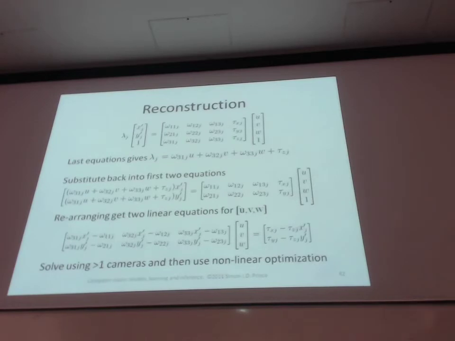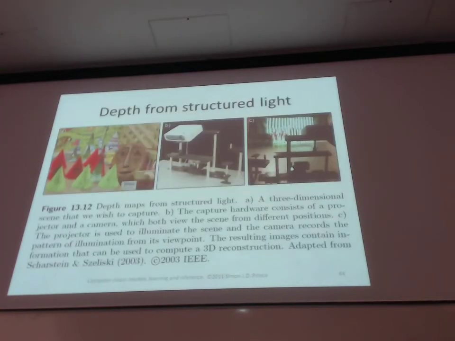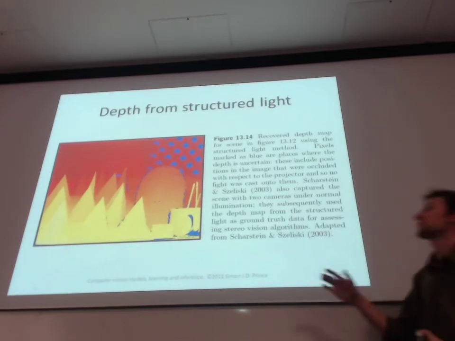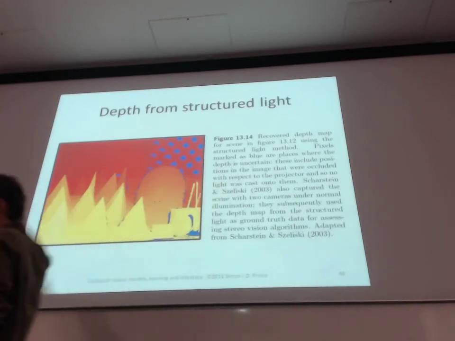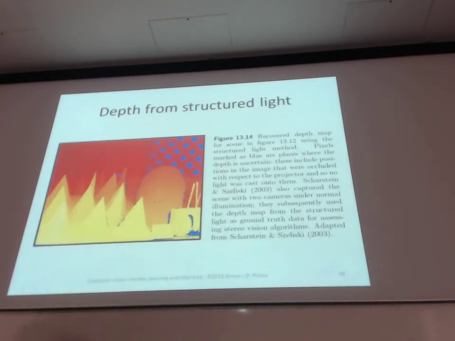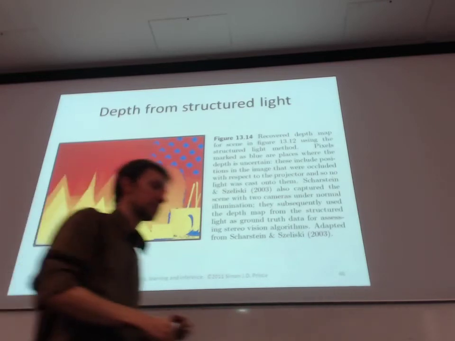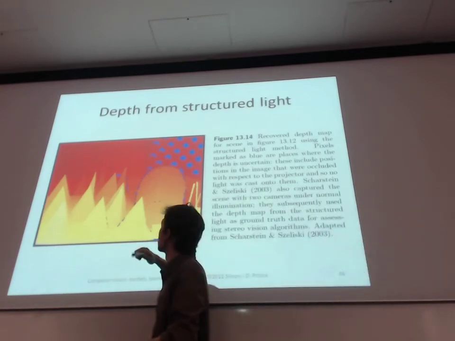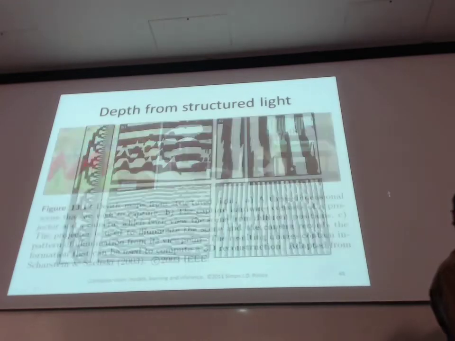Okay. So, one application. This is an example of depth from structured light for that cone scene, where one of the big problems is occlusion. If you have a projector over here and a camera over here, it's possible that the light won't go into the, well, let me go back to the color image so we can talk about this.